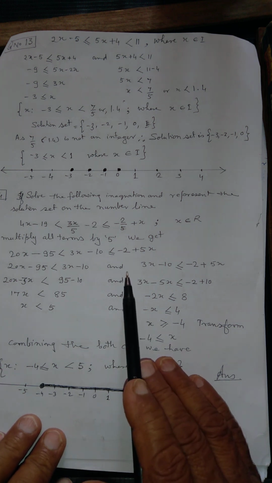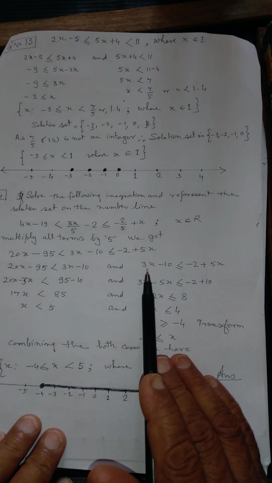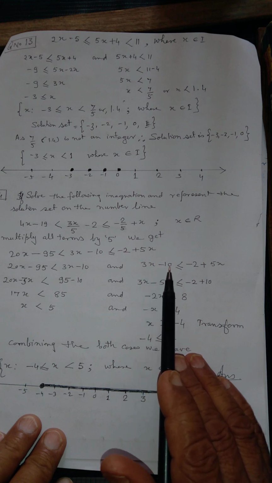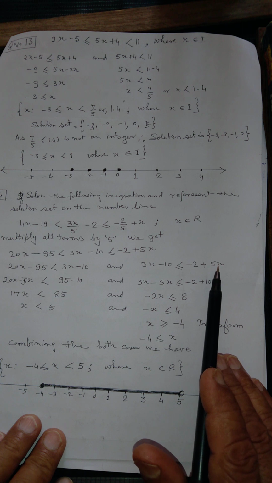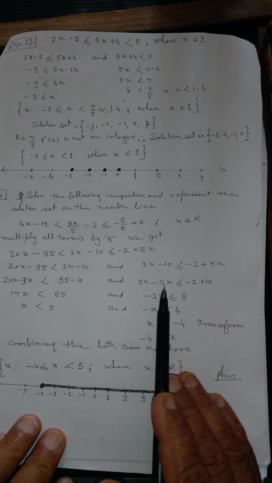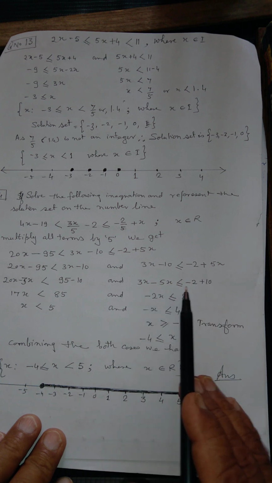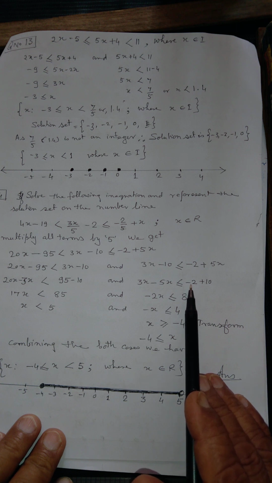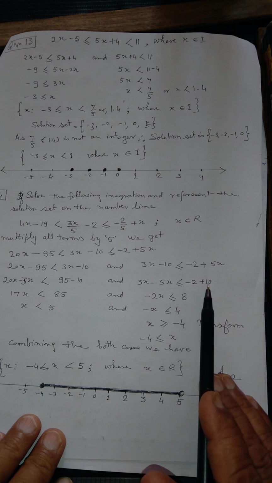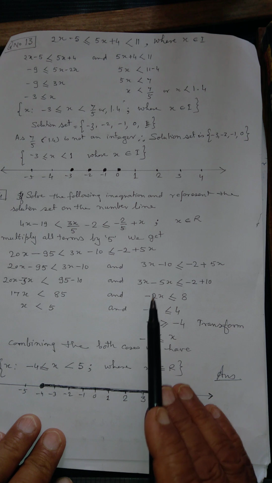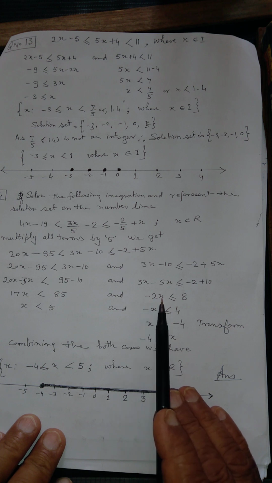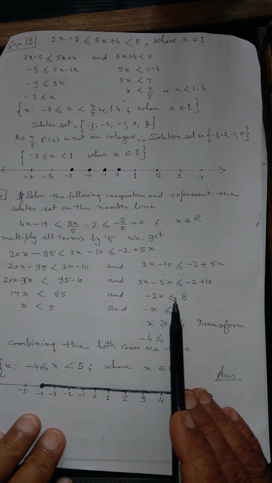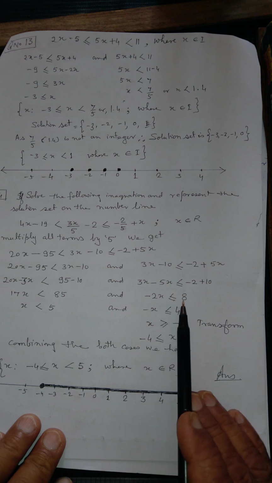Now the second part, that is 3x minus 10 less than or equal to minus 2 plus 5x. So 3x minus 5x less than or equal to minus 2 plus 10. Solve it, you will get minus 2x on the left hand side less than or equal to 8.